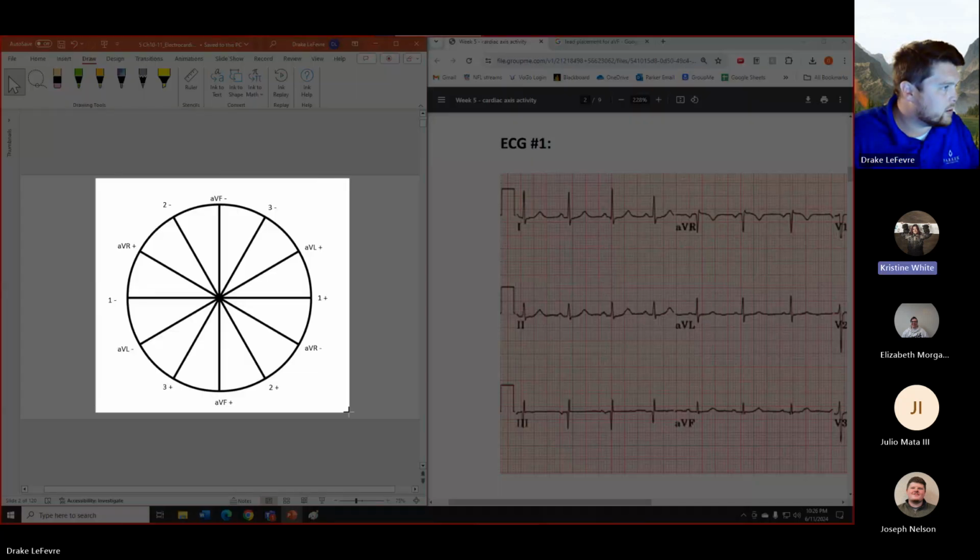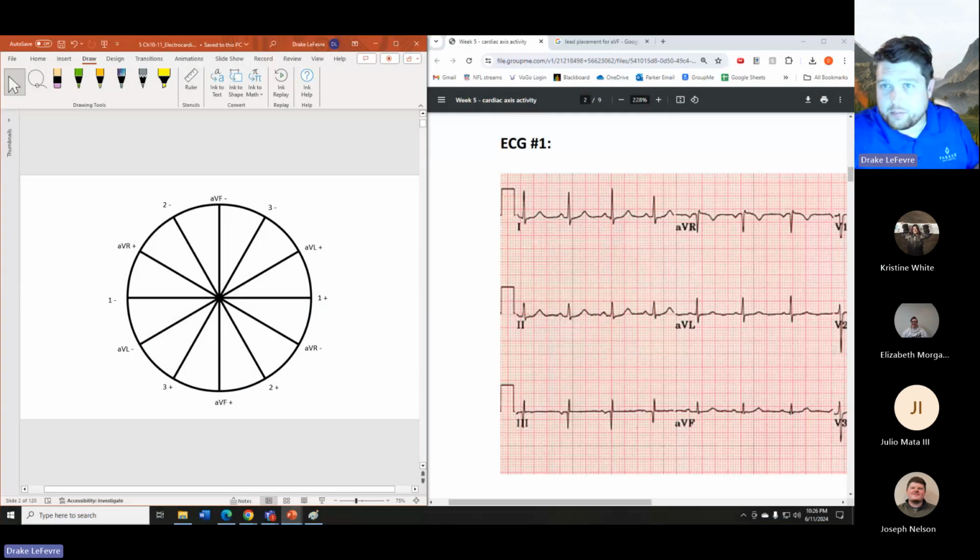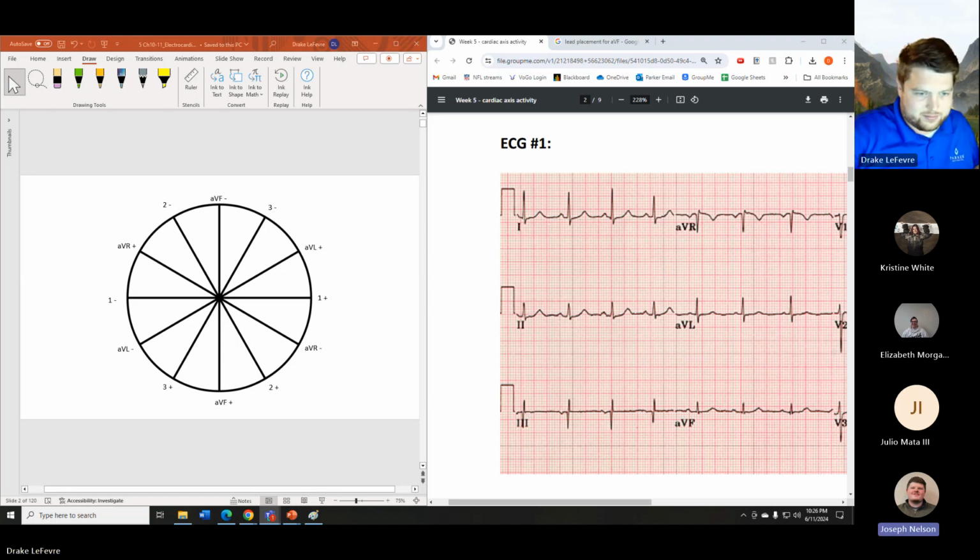Oh, fudge, where'd it go? I'm also going to post a picture of this one in the chat if you guys want to use this. I printed one out and I laminated it so that it looked really pretty. I just sent you the one that we had too. It's very nice.